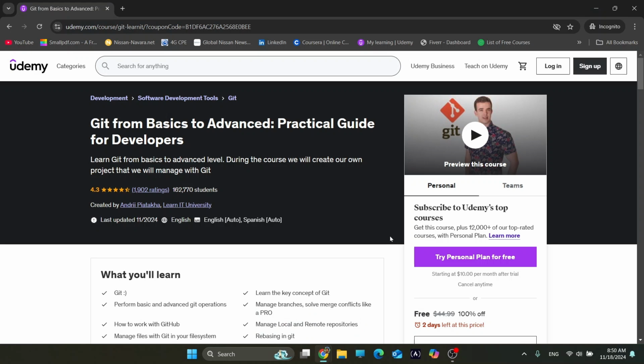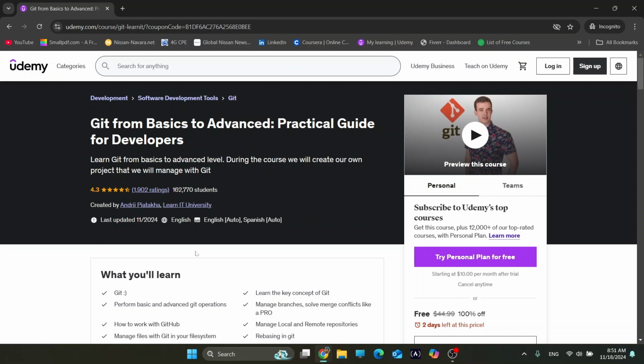So today I'm going to share another course, a free coupon course about this Git course. The course title is Git from Basic to Advanced: Practical Guide for Developers, and after completing this course you can learn about Git and learn the key concepts of Git and how to work with GitHub.